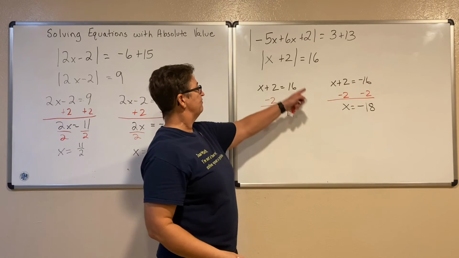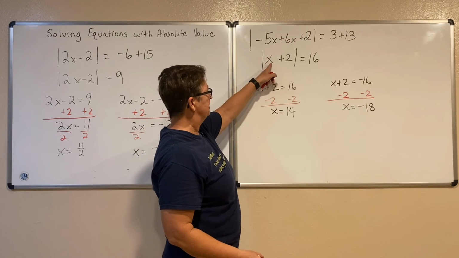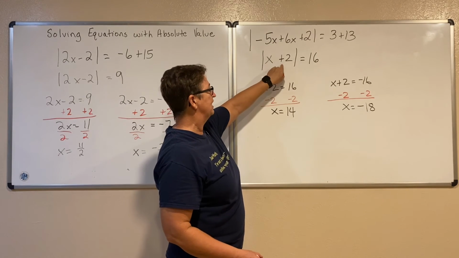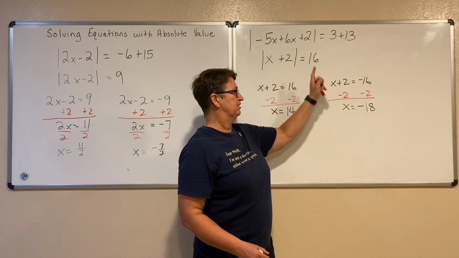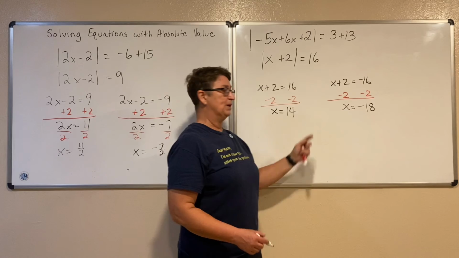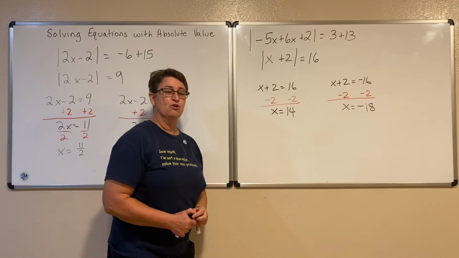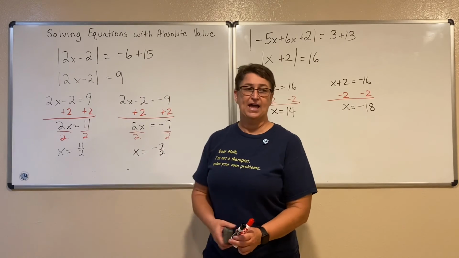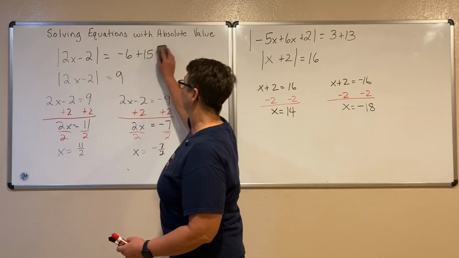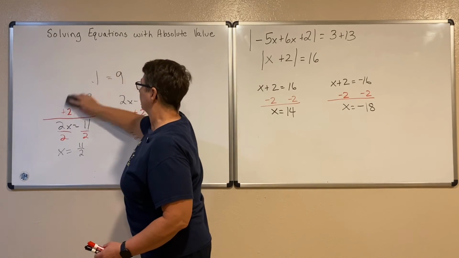If I put negative 18 in here, negative 18 plus 2 gives me a negative 16. The absolute value of negative 16 is 16. So this x could be either one of those values, 14 or negative 18, and that would make that equation true. Let's do one more.